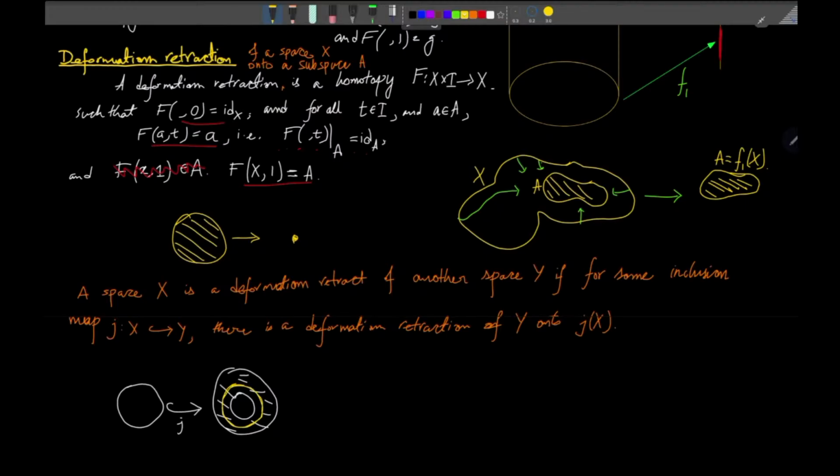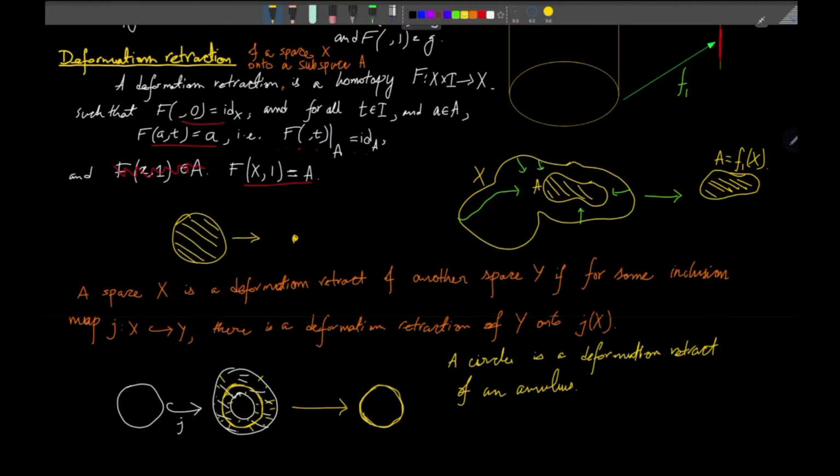And then there is a deformation retraction of this annulus which contracts all of these sides and also through the middle. So this entire contraction takes place and the entire annulus gets mapped to that middle ring. So in that way, a circle is a deformation retract of an annulus. That is really what is going on.